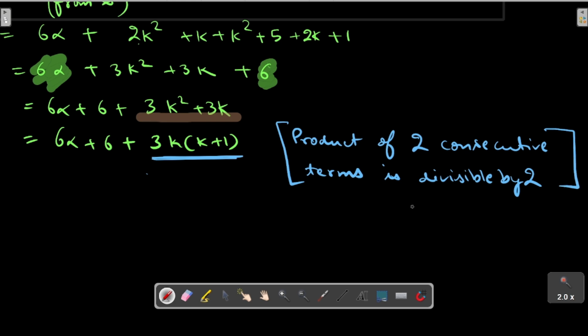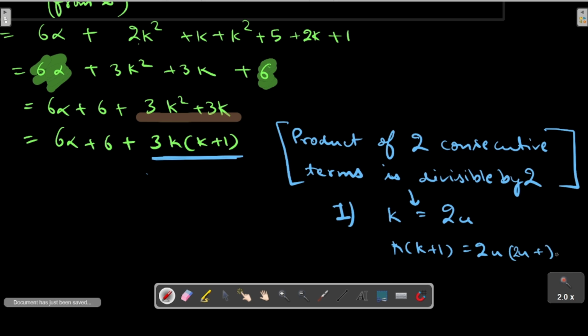Okay, you can check this out by proof by exhaustion. Let's say if I take the first case, if k is equal to some 2u, an even number, so what will be k plus 1? It is 2u plus 1, right? So this is an even number, right?